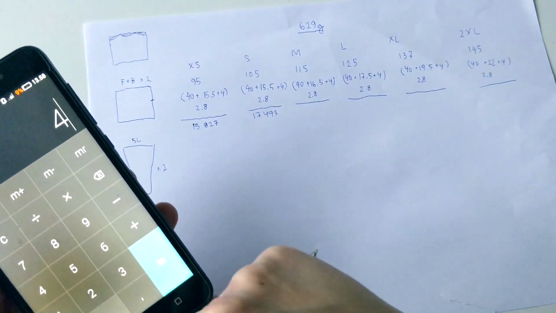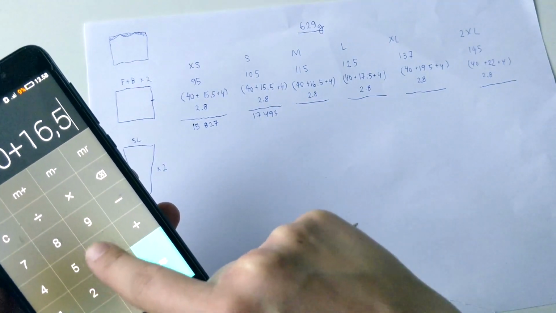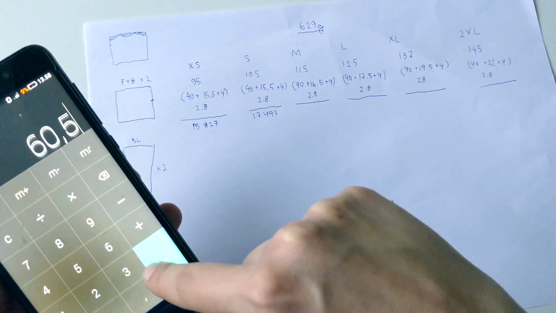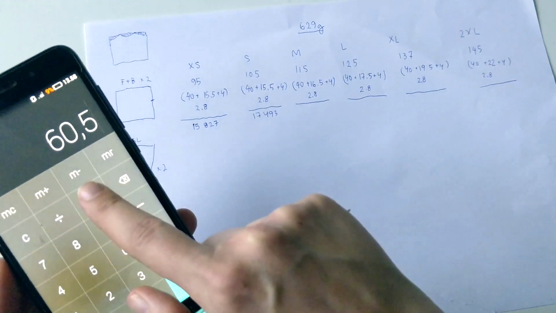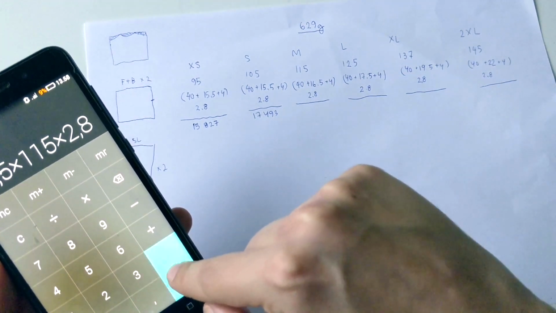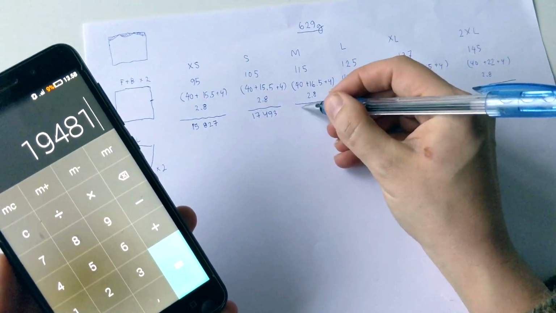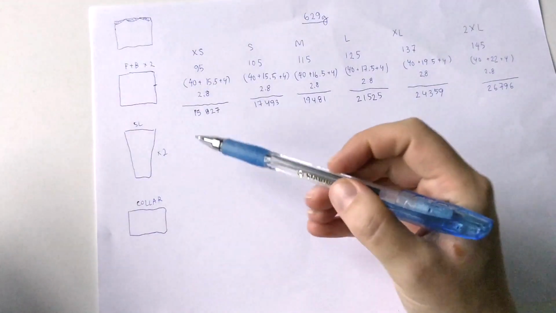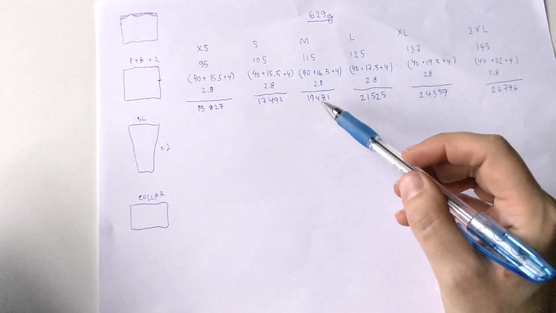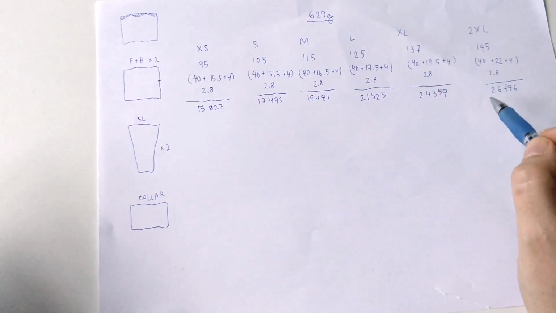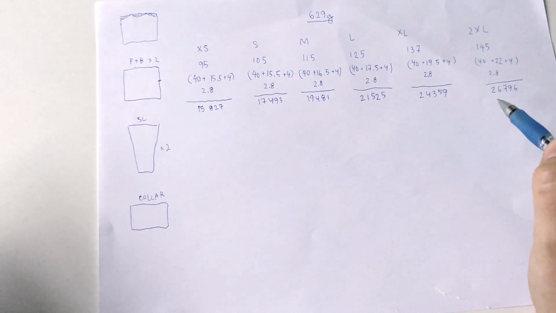Same again, 40 plus 16.5 plus 4 equals 60.5 times 115 times 2.8 is 19,481. So here we have the final stitch counts for each front and back.